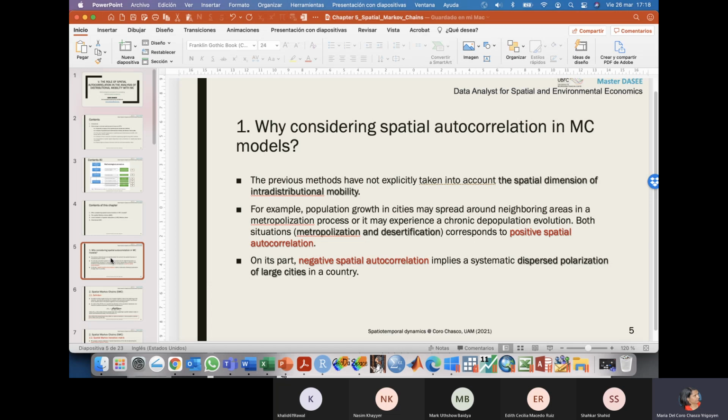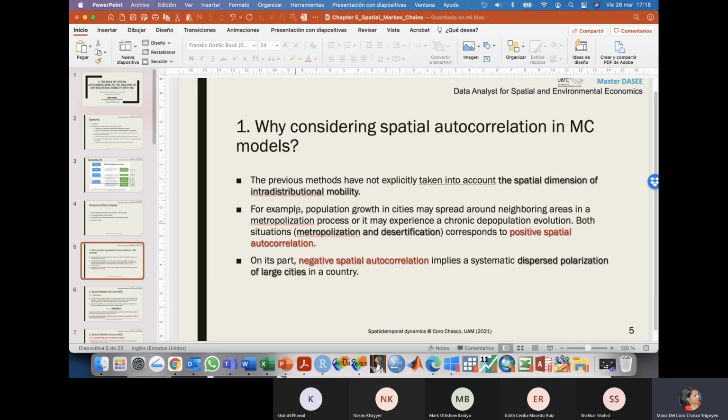Maybe they have lost population during this scope of 70 years, almost a century, and they experienced movements in the population distribution. So the question here is whether spatial dimensions, being closer to big cities or small towns, have consequences that are statistically significant. This is the idea, for example, with this example of population growth.